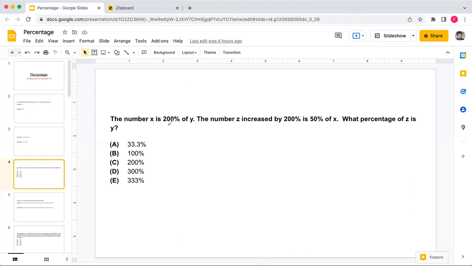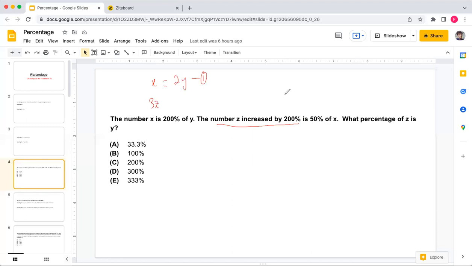Now see, the number X is 200% of Y. What is meant by this? 2Y. Next thing, if Z is increased by 200%, how can I write this thing? If I'm increasing a number by 200%, this means I'm just tripling that number.